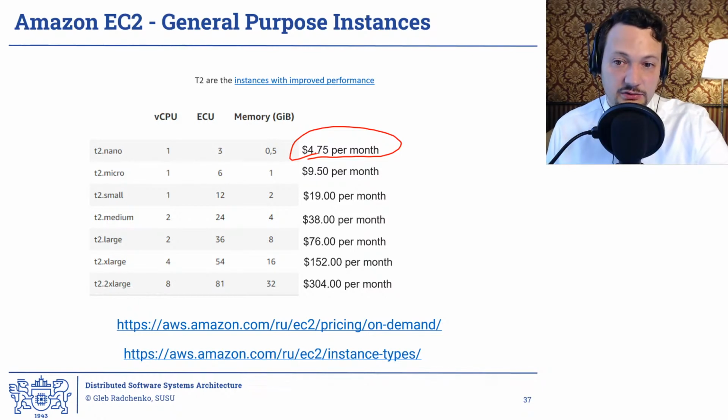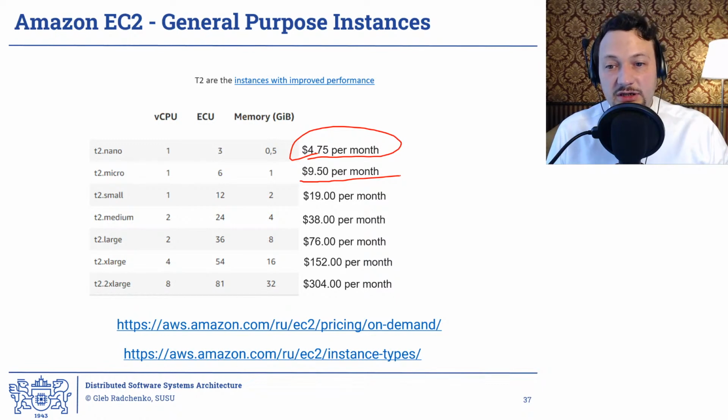The next biggest instance is the T2 micro instance, and it would cost you about $10 a month.